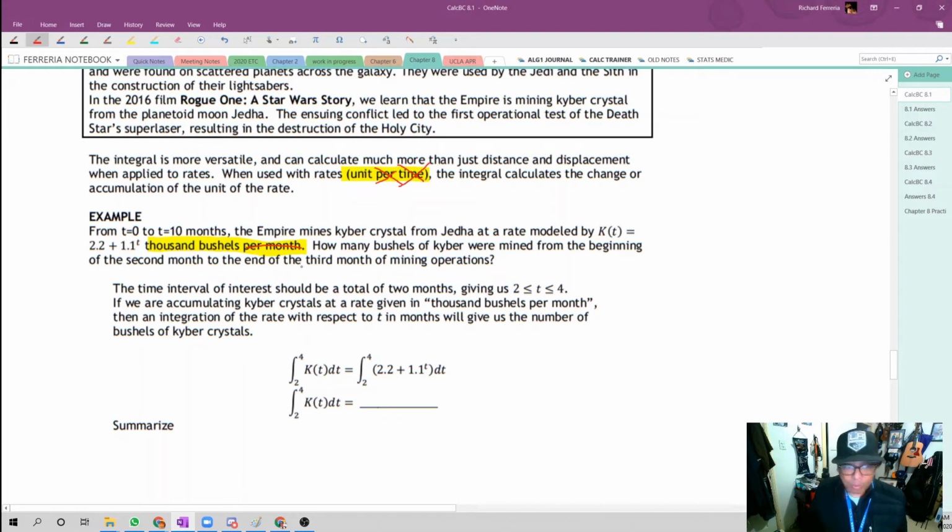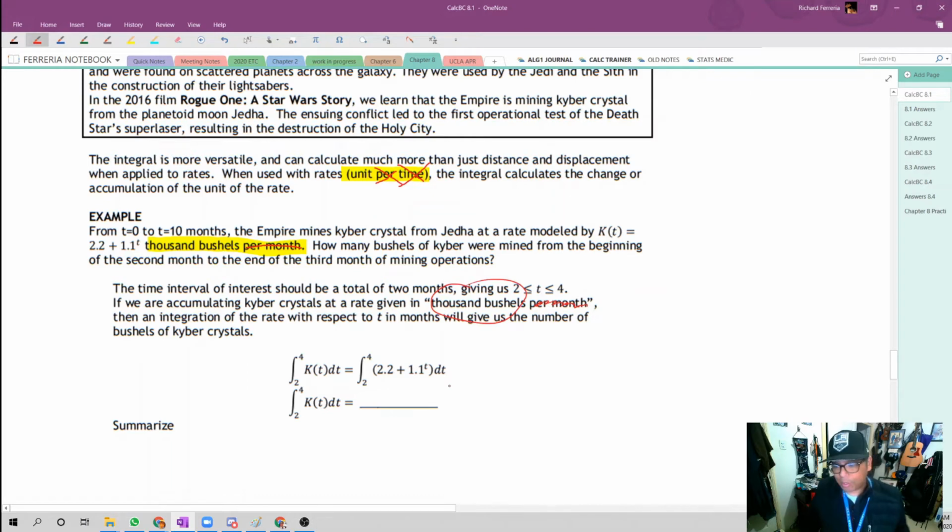That sounds like it would be the correct answer. So the time interval of interest should be a total of 2 months, from t equals 2 to 4, and we're accumulating 1,000 bushels per month. So when we integrate that, per month will go away, and we're just left with 1,000 bushels.